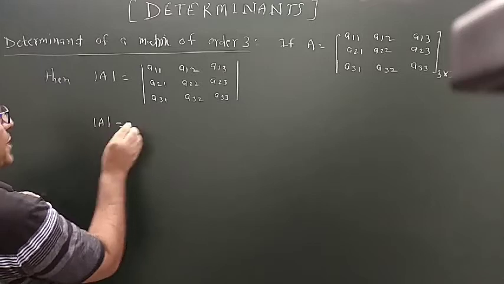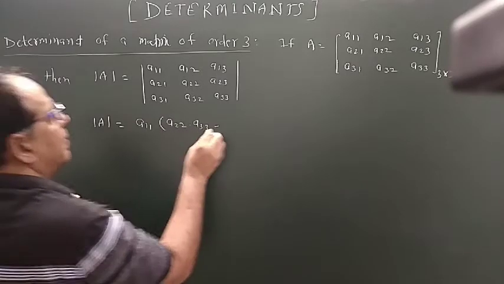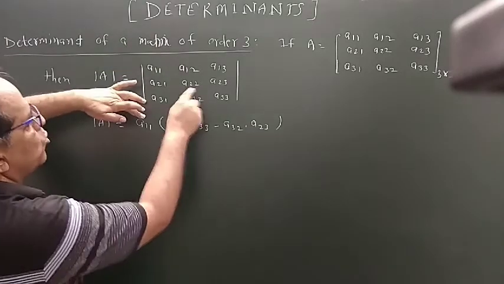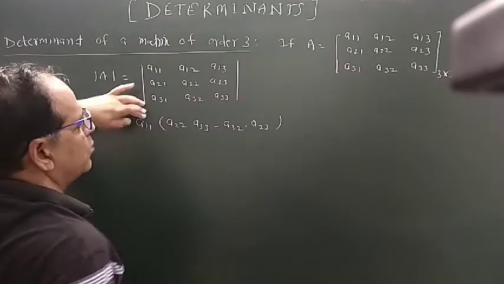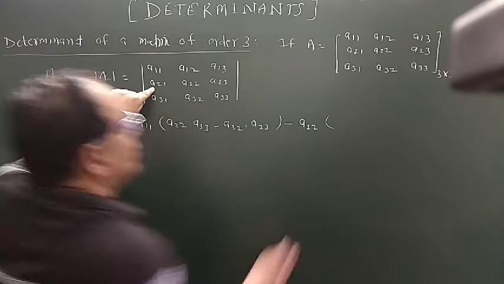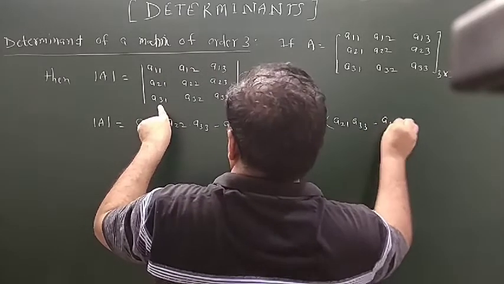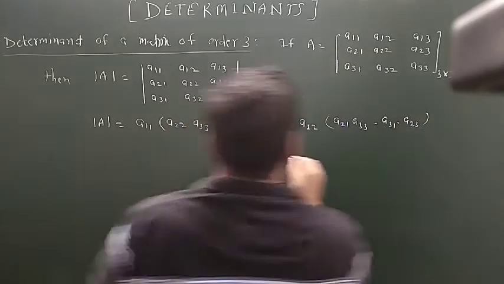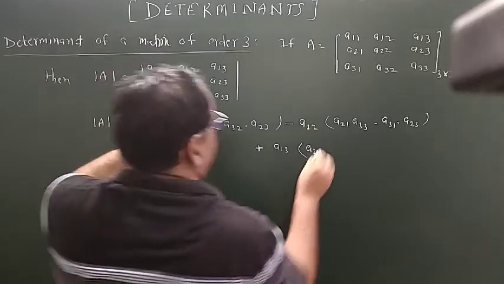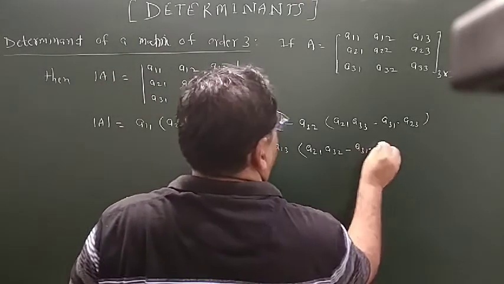Now this can be expanded as determinant of A equal to a11 outside, times (a22 into a33 minus a32 into a23), minus a12 with the odd sign, times (a21 a33 minus a31 a23), plus the final a13 times (a21 a32 minus a31 a22).